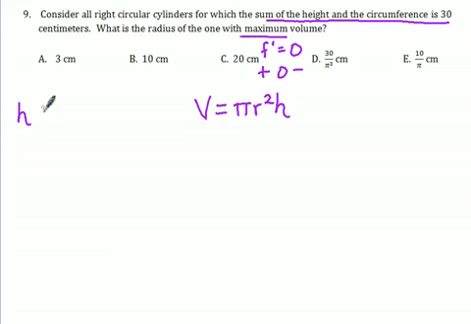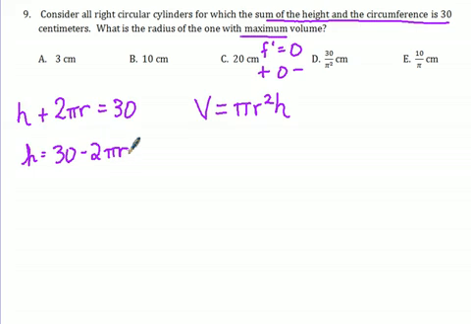So I'm going to write that over here. Height plus circumference, which is 2 pi r, that equals 30. If I solve this for height, height is equal to 30 minus 2 pi r. So I'm going to substitute that for height over here in my volume equation.